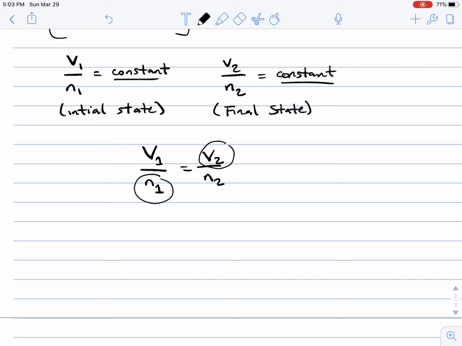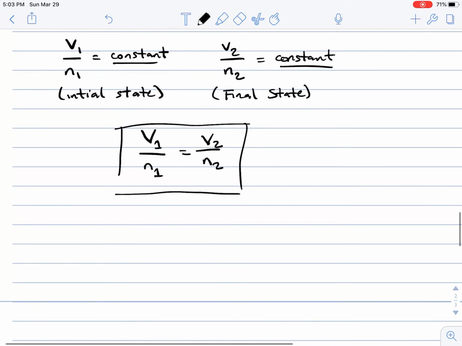That's going to be represented by V2. Cool. And so this relationship is known as Avogadro's law. It's a proportional relationship, but when you guys are using the equation, it's going to be V1 over N1 is equal to V2 over N2.